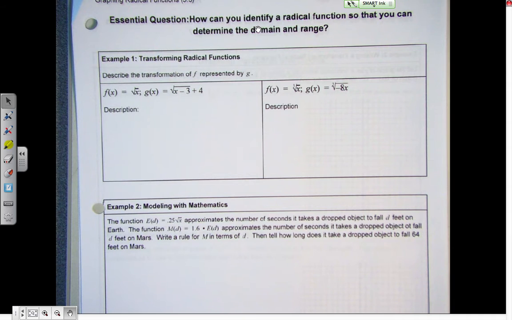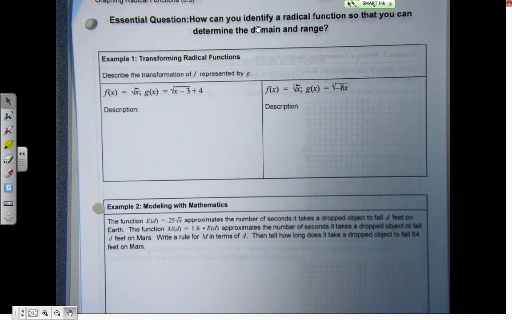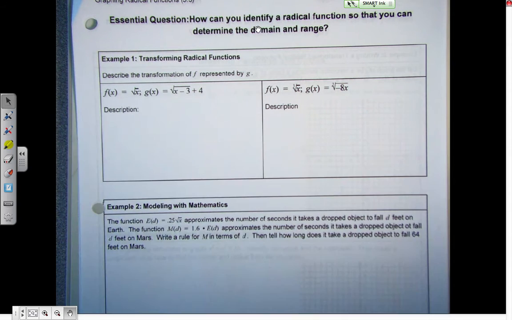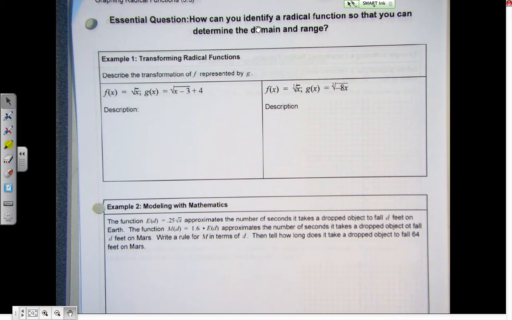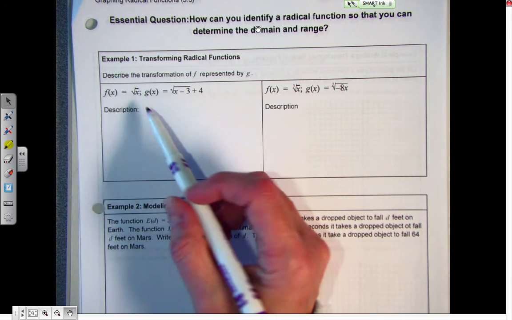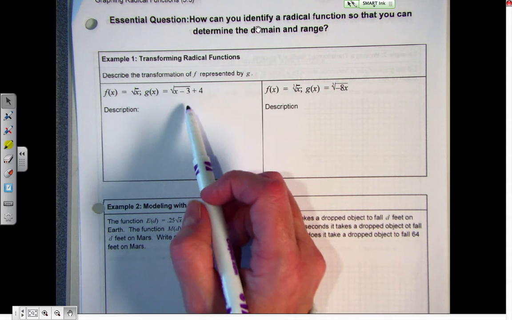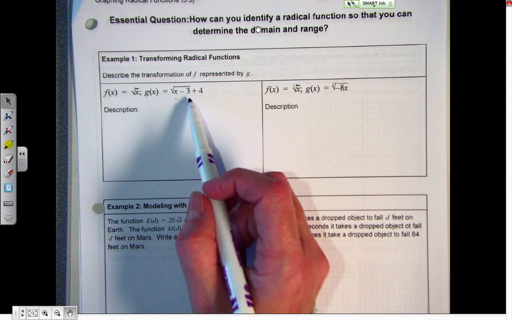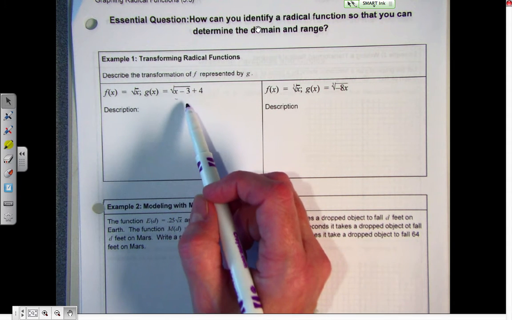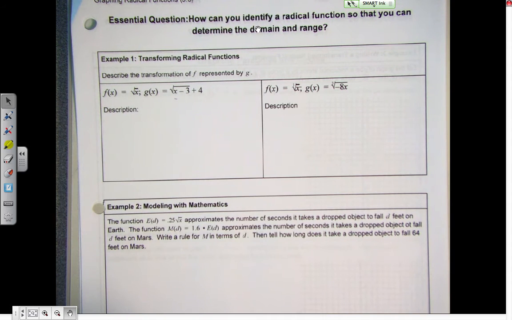So we need to describe the transformation of f represented by g. We see we have the square root of x as our parent, and we have the square root of x minus 3, so this is like being in the parentheses. So that would be a horizontal translation.